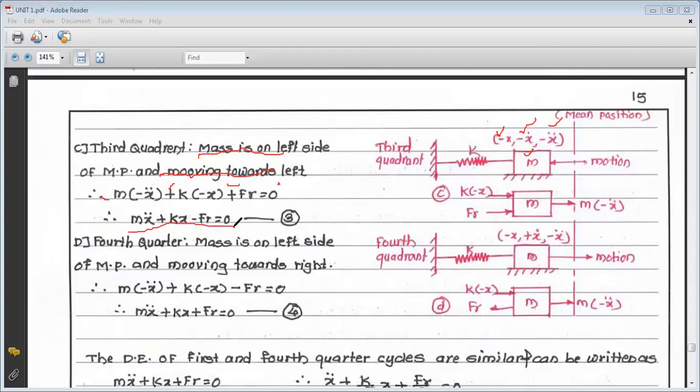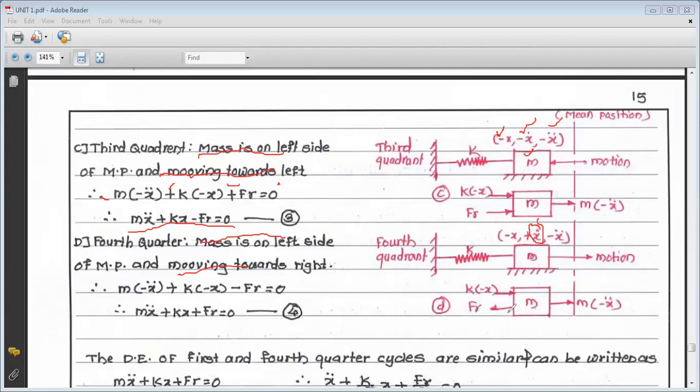This is the third. Now what is the fourth quadrant? In the fourth quadrant, the mass is on the left-hand side and moving towards the right, which means only the velocity is in the right-hand side direction, so it is positive because the mass is moving to the right. The displacement and acceleration are negative. So k minus x, m minus x double dot, and your Fr is opposite to this right-hand side, so it is minus.